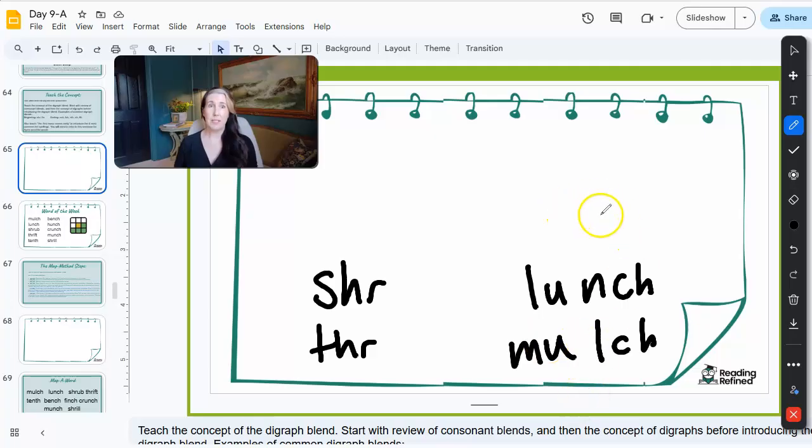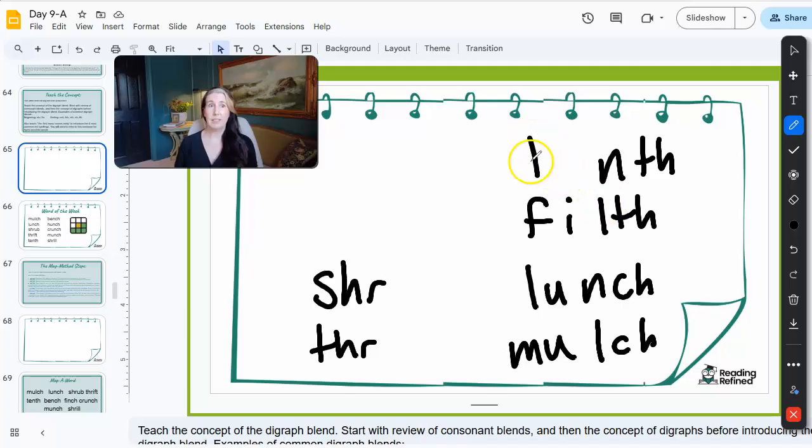We also might see ulth like in filth, or nth like in tenth. So in each one of these cases, we have our digraph followed by consonant, or consonant followed by digraph, etc. And again, the purpose in calling attention to this is because of the blending sound, it can be difficult to distinguish between them.